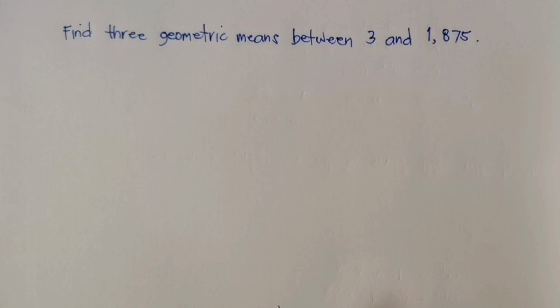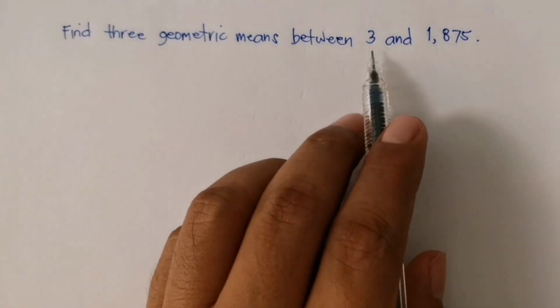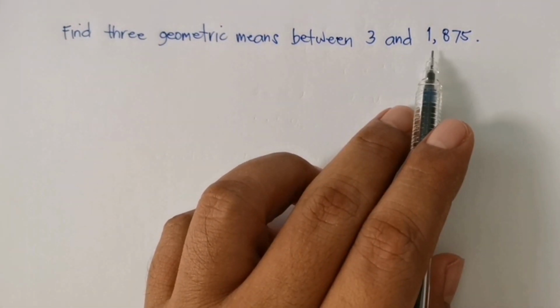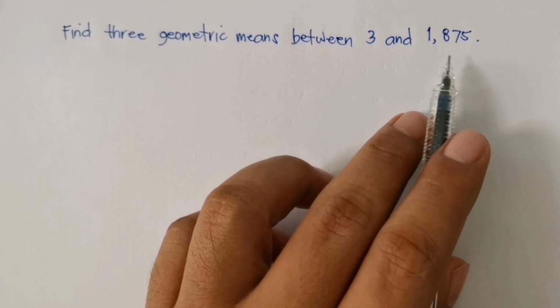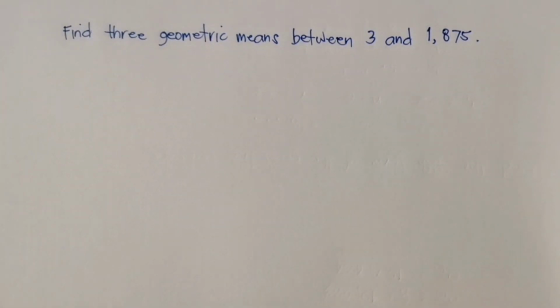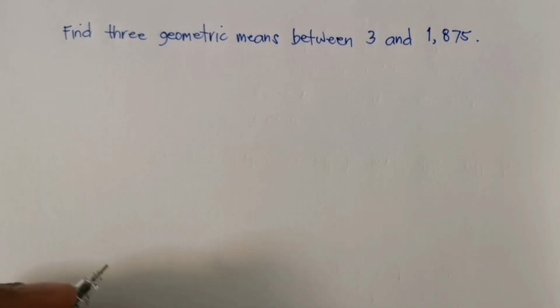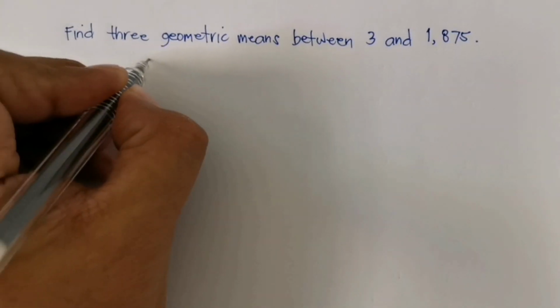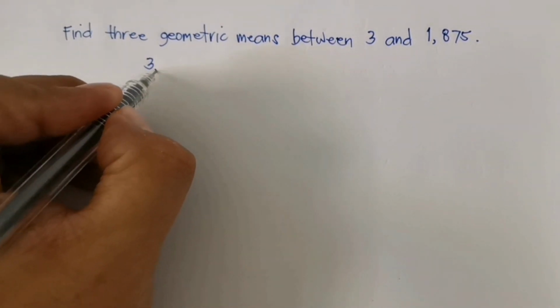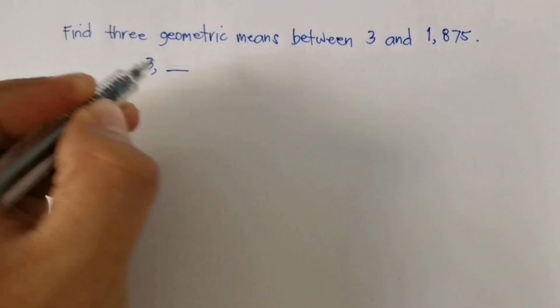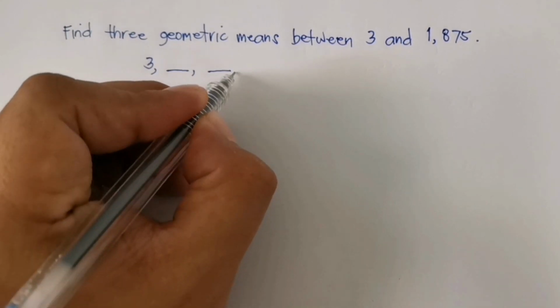Find three geometric means between 3 and 1,875. First thing to do is to represent the geometric sequence. So we write the first term as 3 and we will insert 3 geometric means.